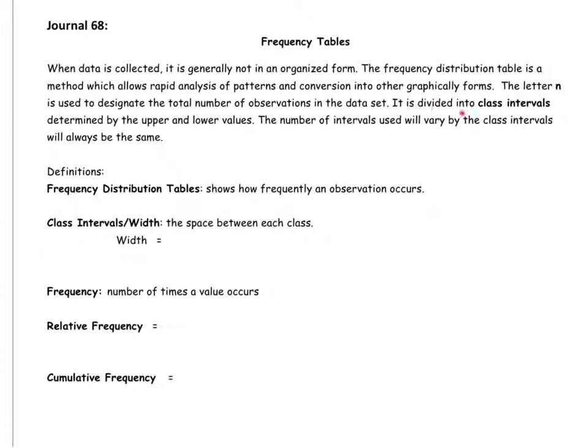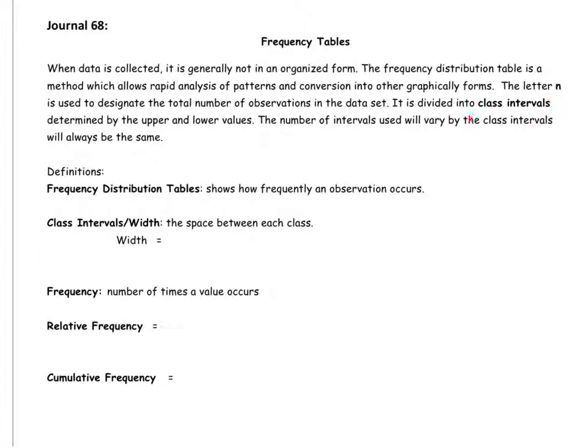I guess that's the best way to put it. So if you look at page 2 of this packet, you're going to get a list of numbers. And with that list of numbers, we don't want to tally each individual number. Instead, we are going to group up the list of numbers into what we call class intervals, okay?